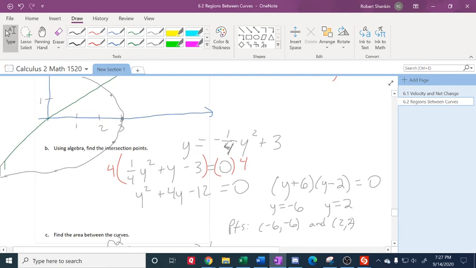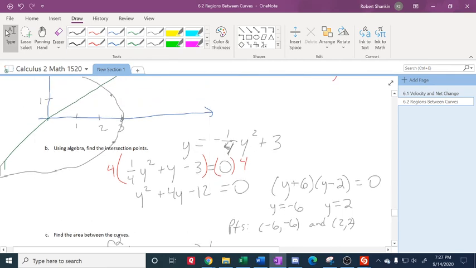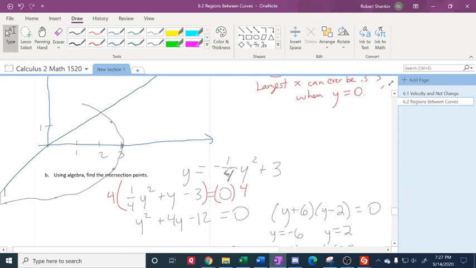Now, this is almost correct, but it's got a problem. The problem is this. The upper function is the green curve, but only till 2.